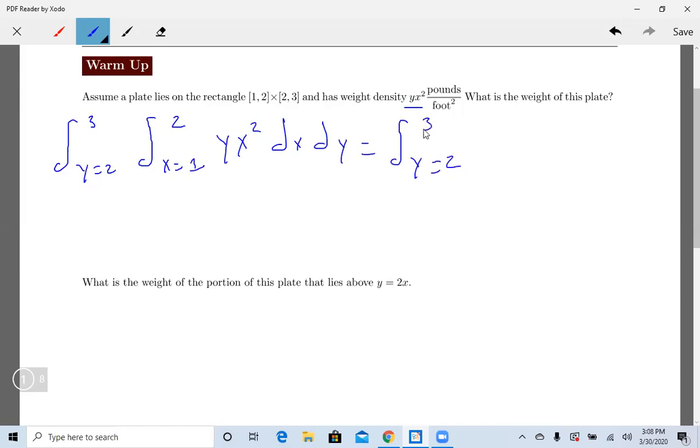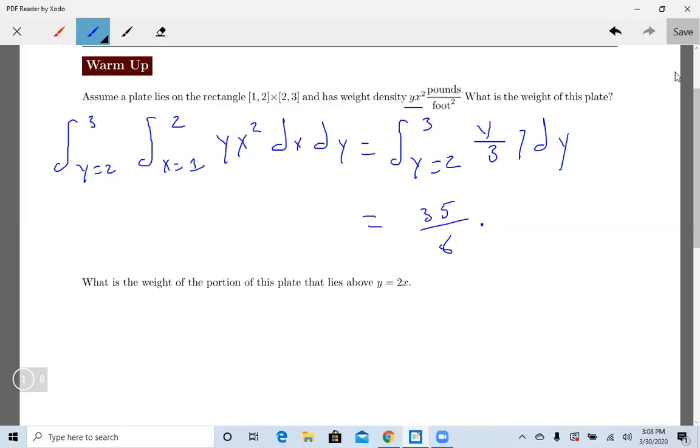The antiderivative of yx squared with respect to x is x cubed over 3, going from x equals 1 to x equals 2. So 2 cubed minus 1 is 7. And if you'll remember, this is equal to 35 over 6. This is just a Calc 1 integral that you can do.